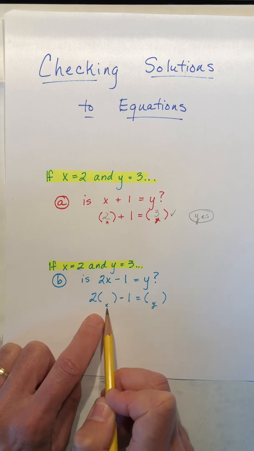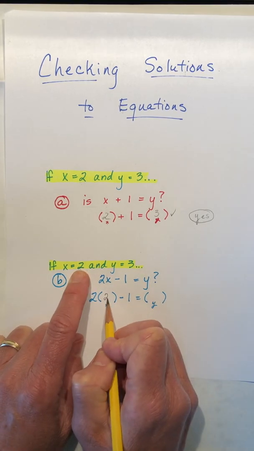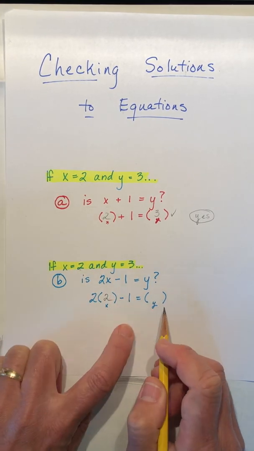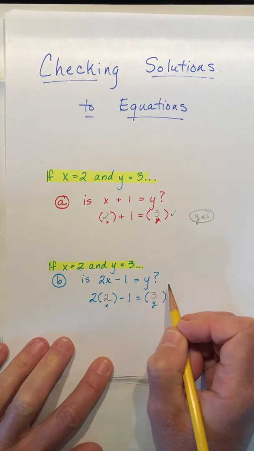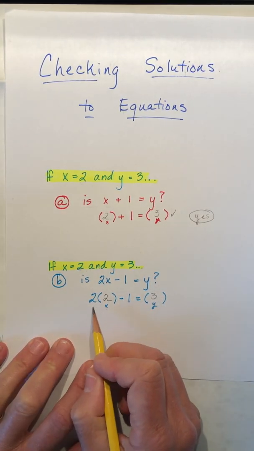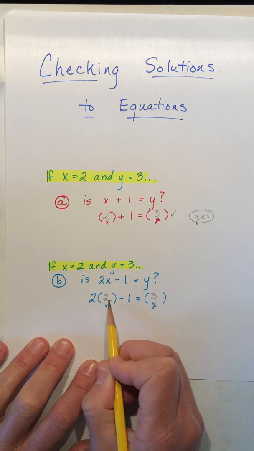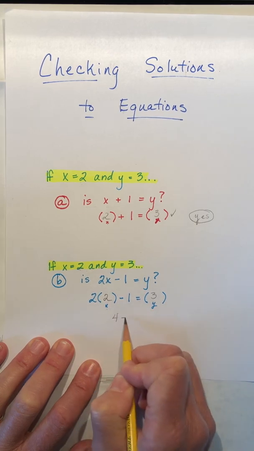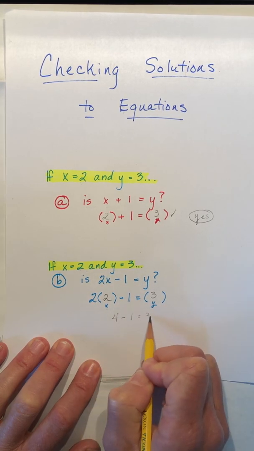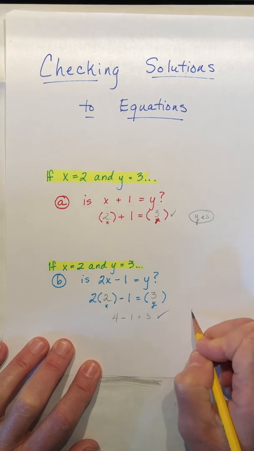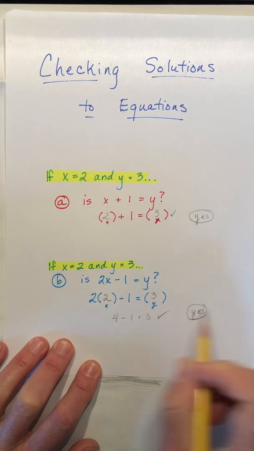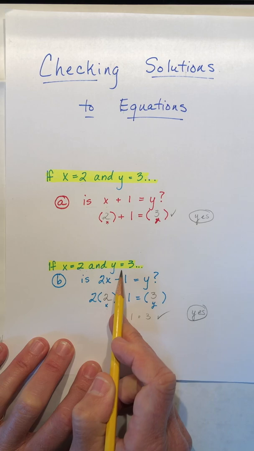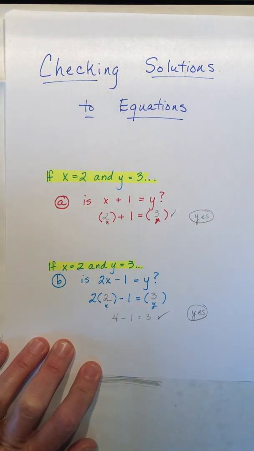So again, x is 2, y is 3, and I'm going to go ahead and do this math out. 2 times 2 is 4. And is 4 minus 1 3? Yes, it is. And therefore, x equals 2 and y equals 3 is a solution to that equation.